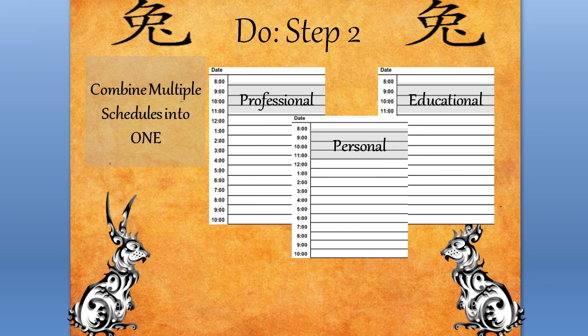Step 2. Once you've analyzed everything and tracked your information, you need to combine multiple schedules into one. For myself, I've done this and combined professional, personal, and educational schedules all into one schedule. It doesn't have to stop there with you as an individual. It can expand out to cover everyone in your family, in your work environment, or even in your educational environment if you need be.